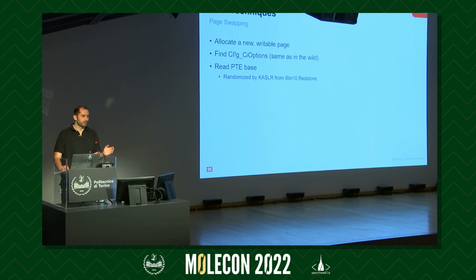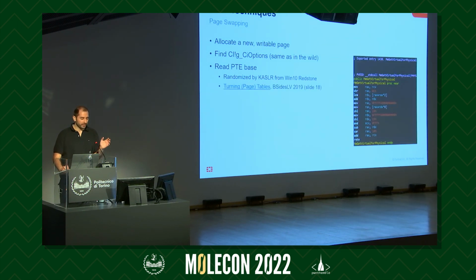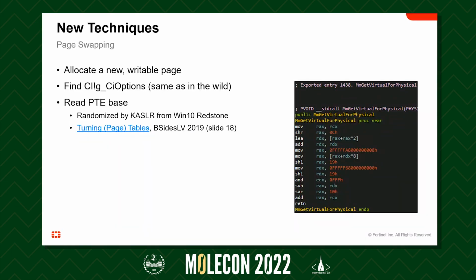but fortunately for us, we already had to tackle this issue in a previous research, and there is a way with a single kernel read that you can basically get this value. This function is exported, it's easy to find, and with one read you can basically find this value that we need.